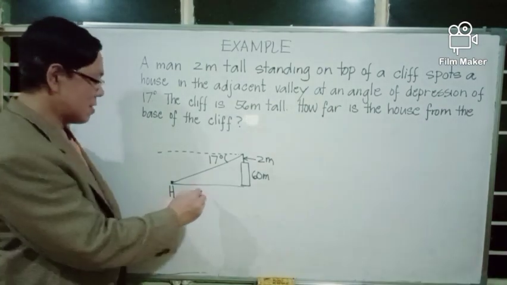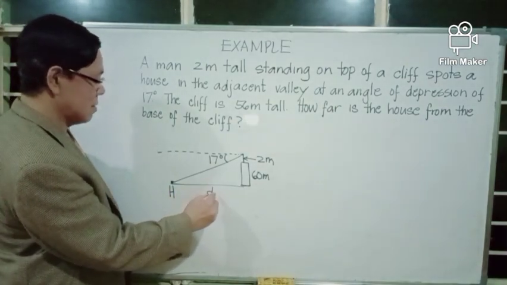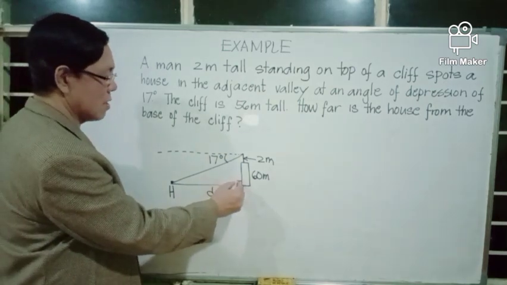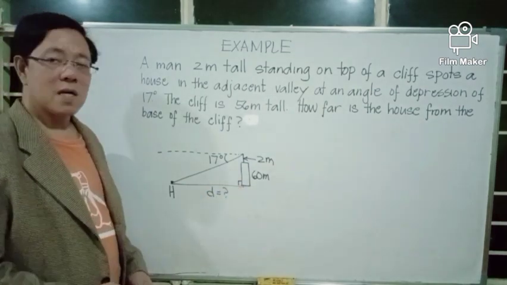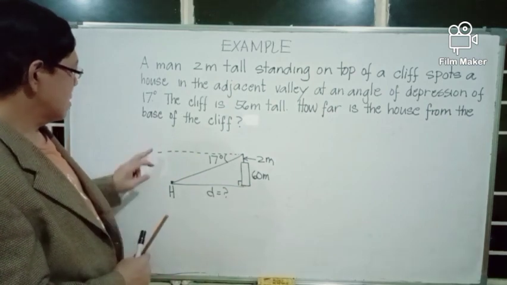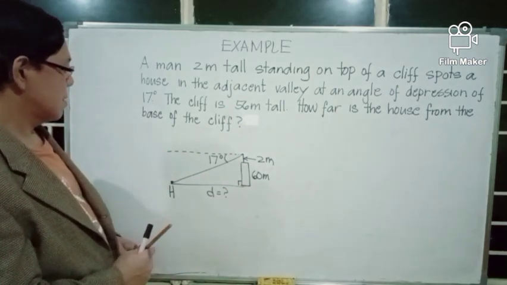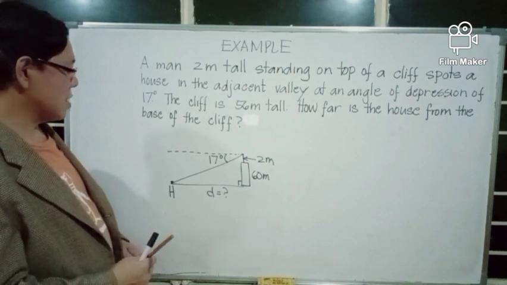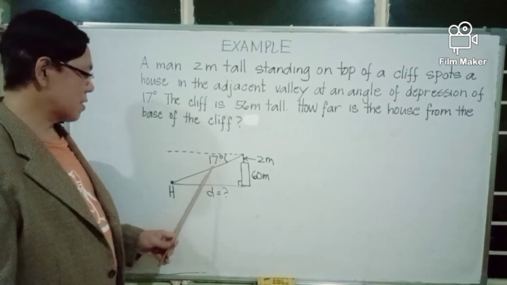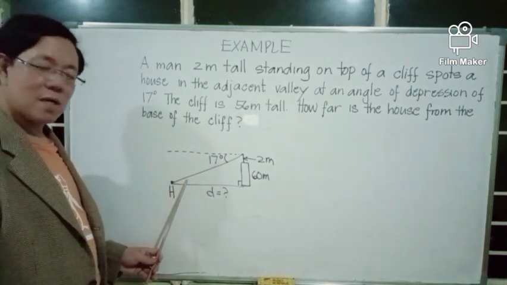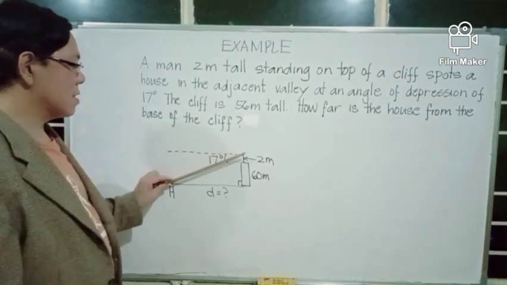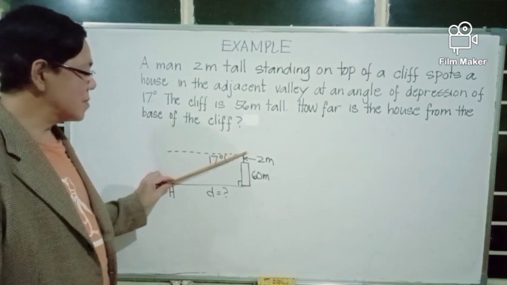We denote this distance by D. And this is a right angle. The cliff is standing perpendicular to the level ground. And you can see from this diagram that this angle of 17 degrees is equal to this angle, because these lines are parallel and this line of sight is the transversal.